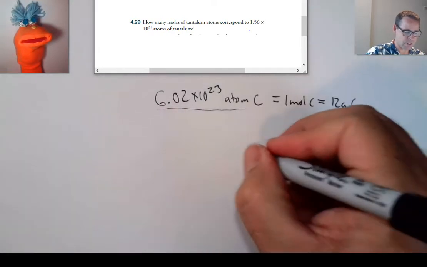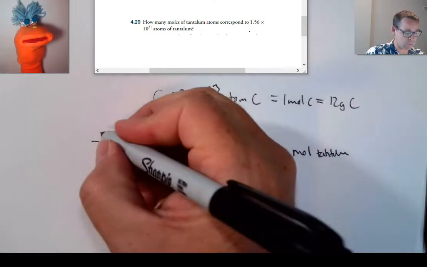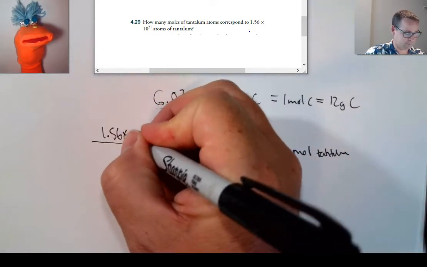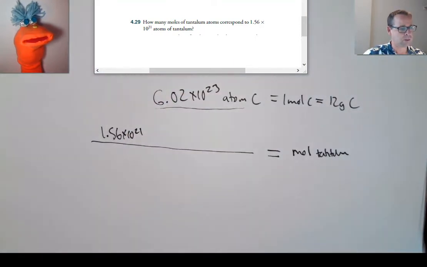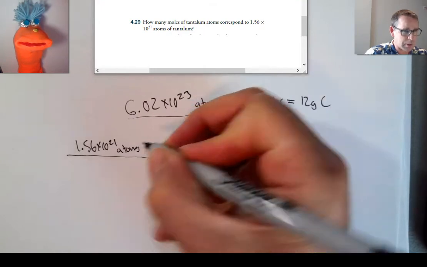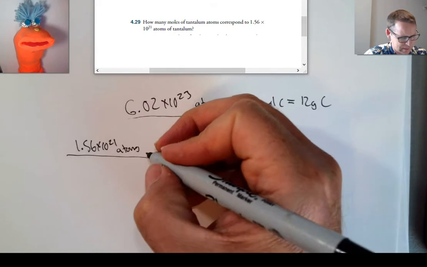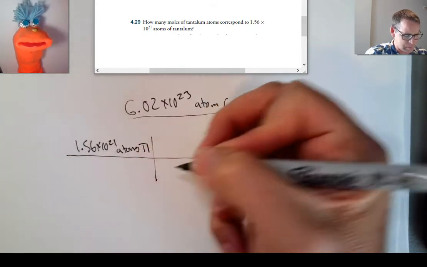If I start off with, how many? 1.56 times 10 to the 21. This is atoms of tantalum. Let's see, tantalum is Ta. All right.